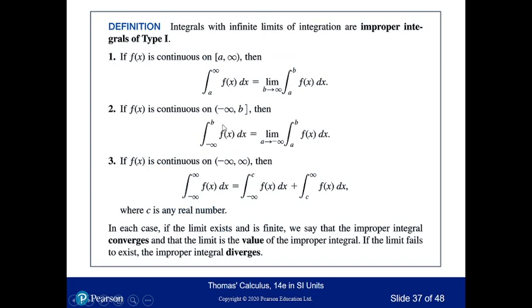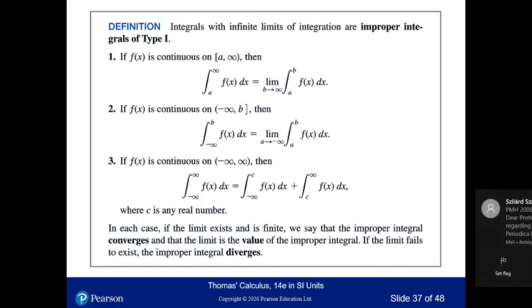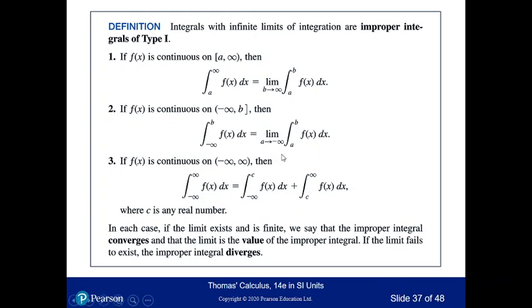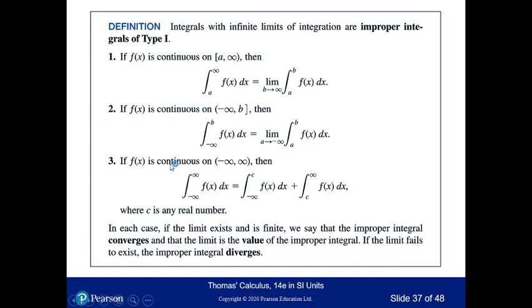Okay, so similarly, we may have negative infinity as well. We are going to treat it similarly. Instead of negative infinity, we are going to consider a. So the integral from negative infinity to b is the limit as a goes to negative infinity. If you have infinities on both sides, then you have to separate it into 2, because it's easier if you do that.